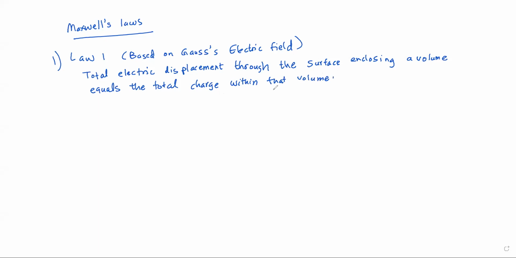The total electric flux through a closed volume is equal to the total charge enclosed in that volume. The differential form is given by this equation: the divergence of the electric field is equal to the charge within a unit volume over epsilon naught.